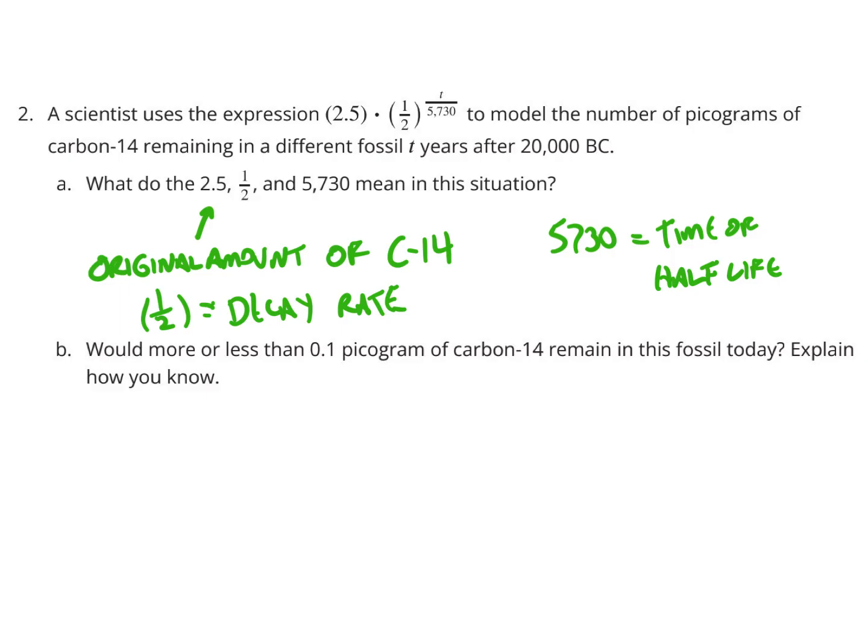Would more or less than 0.1 picogram of carbon-14 remain in this fossil today? So 20,000 BC is 20,000 before Christ. We're in 2026, so that's 22,026. Let's calculate 2.5 times 1/2 to the 22,026 over 5730.